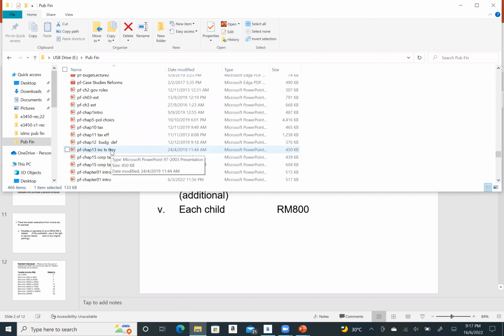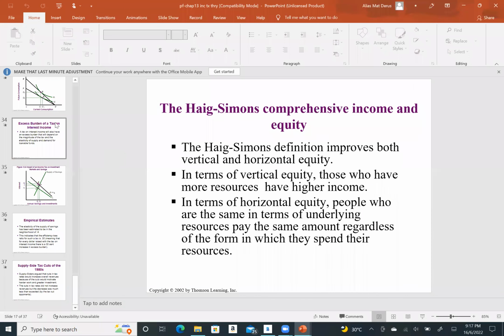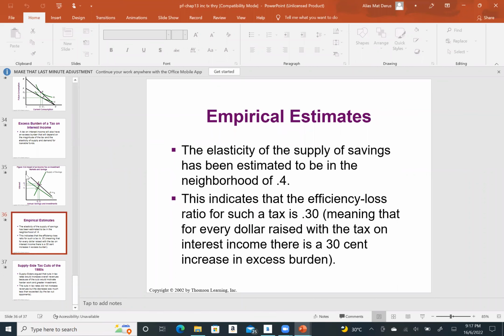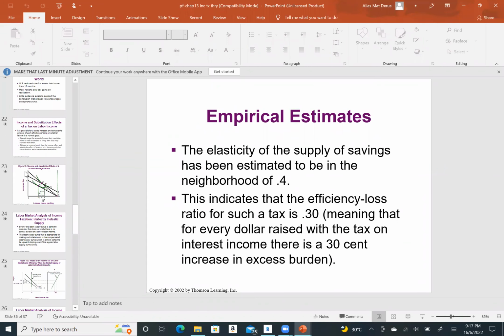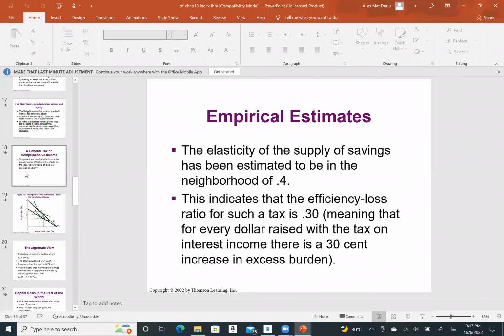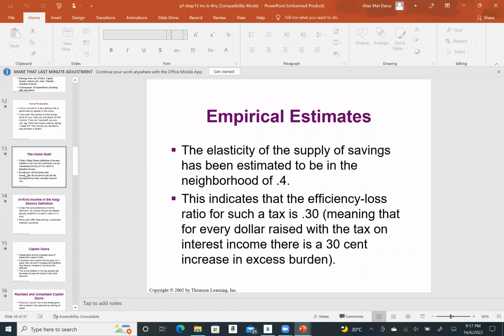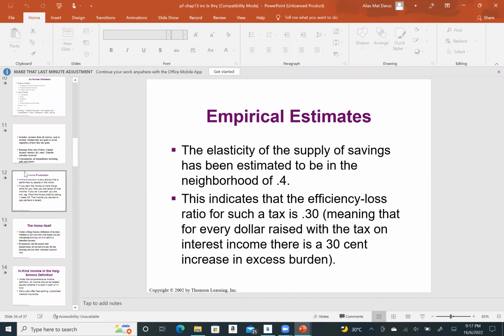Income tax theory. Never mind, maybe I think it's still part of this income tax theory. Income tax 15.